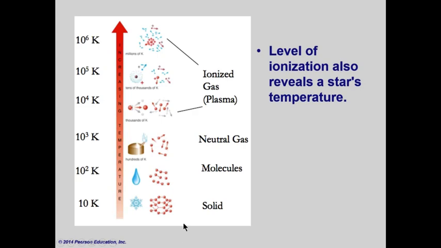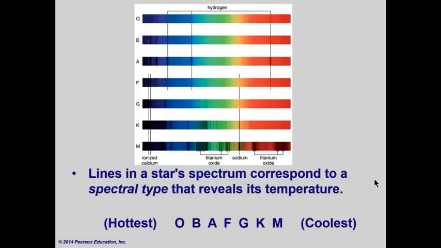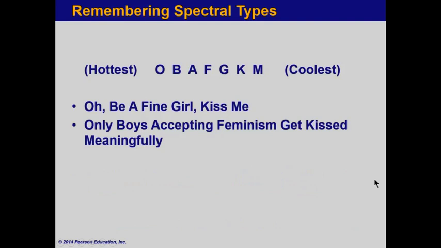As we increase the kinetic energy or the temperature of an object, we change the actual phase state of the gas that is there in a star. All right, so "Oh, be a fine girl, kiss me," alternately, "Only boys accepting feminism get kissed meaningfully," or a third one that's not there is knowing mnemonics.